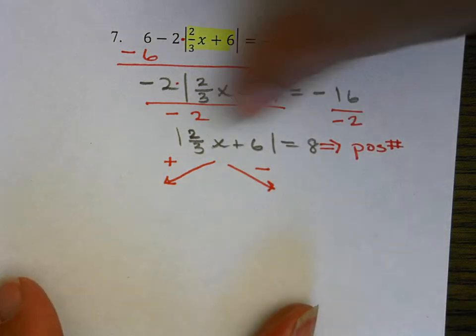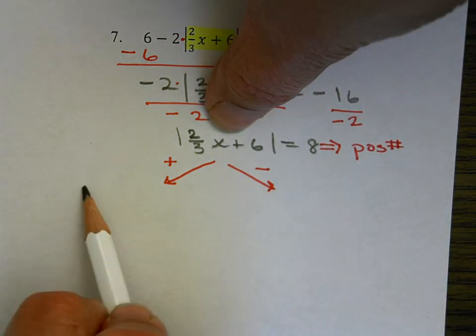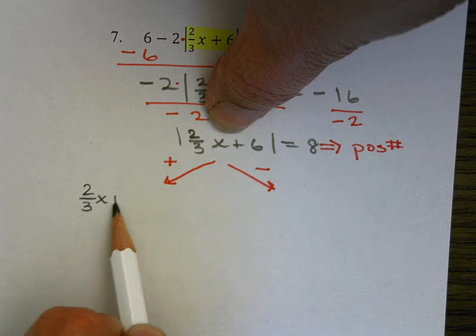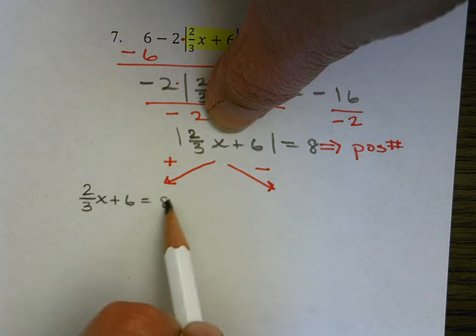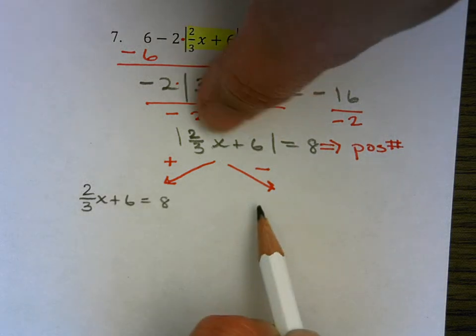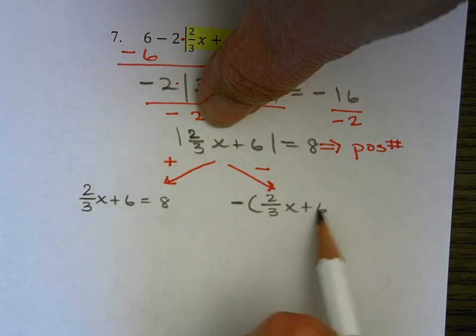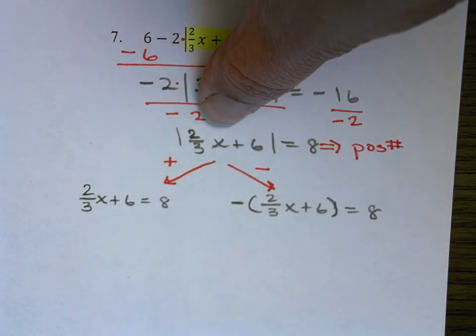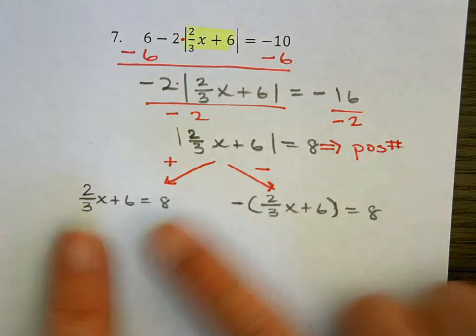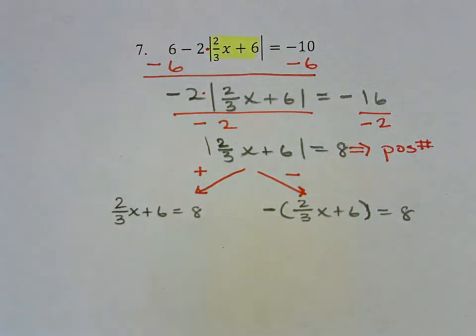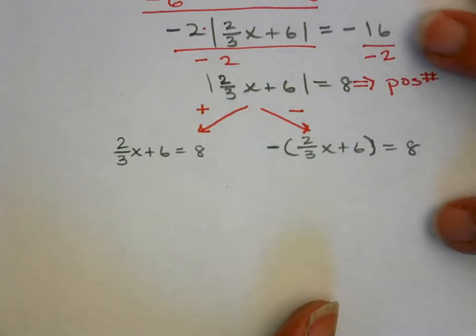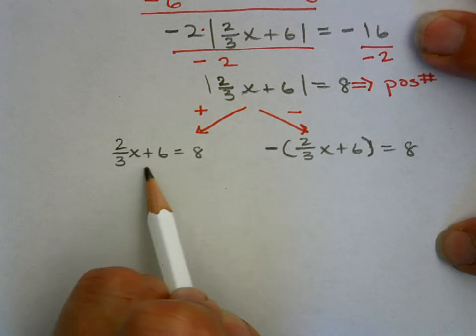So my first equation is exactly the same without the absolute value. My negative version, without the absolute value. Okay, so positive of the inside, negative of the inside, and then I solve each of these. So the first thing I'm going to do is subtract 6 from both sides.